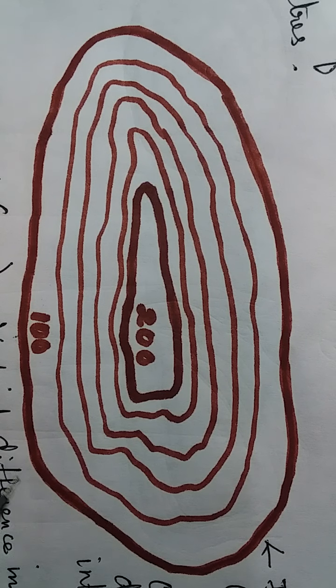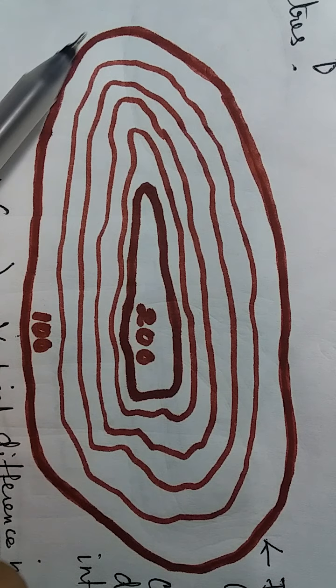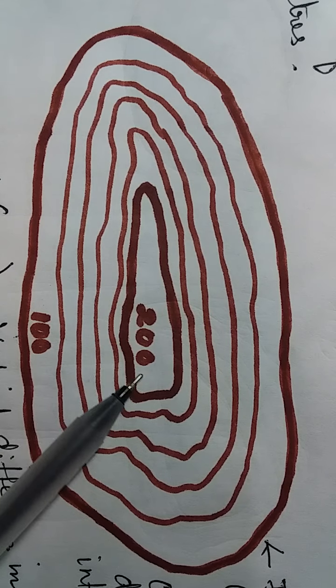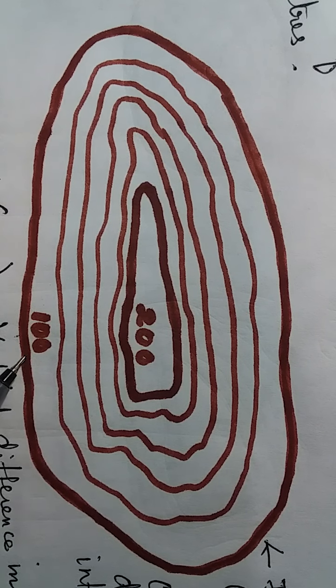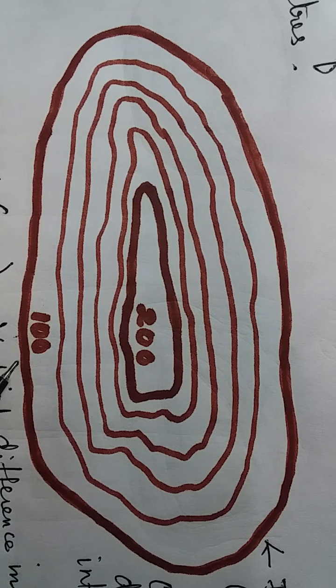The contours which are numbered, and you can see they are darkened, are called index contours. Usually index contours are drawn at a difference of 100 meters.